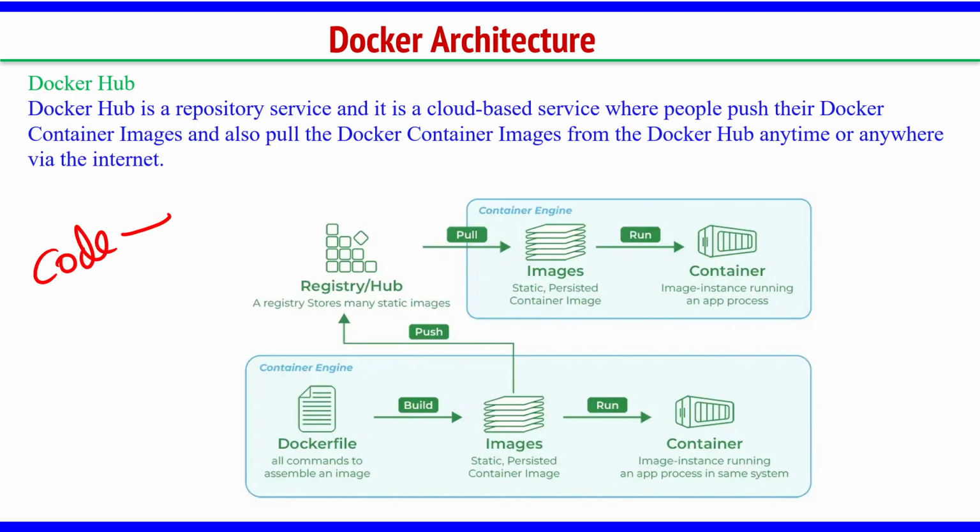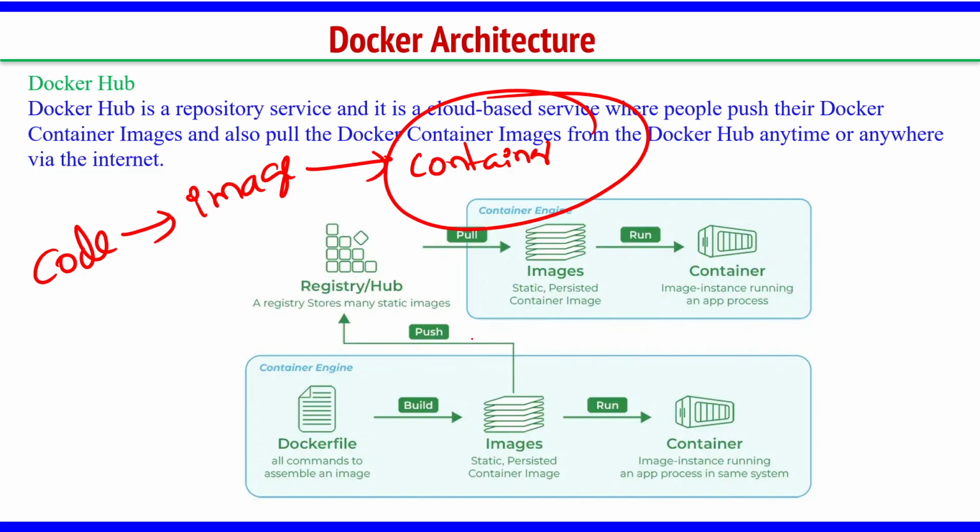From code I get the image, and this image I put in the container, and we play with these containers always. The container contains the image, and the image has all the code of that application.